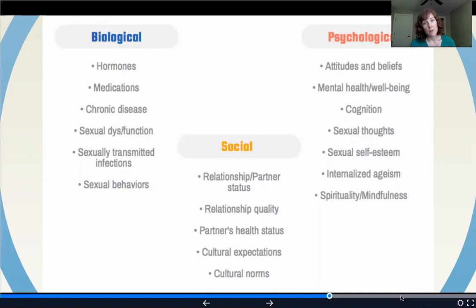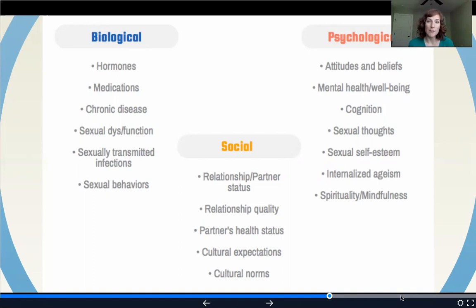Or some older adults may have internalized ageist beliefs that older adults are not supposed to be sexual, or that being sexual at an older age is dirty. Those types of things are included in the psychological, as well as your overall mental health, right? So depression, anxiety, those conditions are going to affect your sexual functioning as well, via thoughts and apprehensions. And we'll talk a lot more about anxiety in particular in some of the later weeks as well.